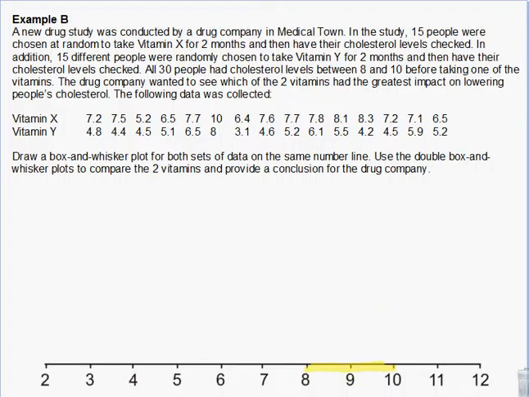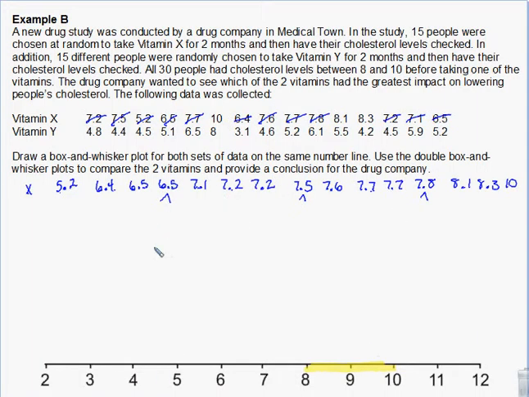Okay, we will do vitamin X first, and I need to find the smallest number, which is 5.2. And then put these in order. So once we've got those, we're going to guess like 5.2 is closer to 5 than it is to 6, so that's probably about right.